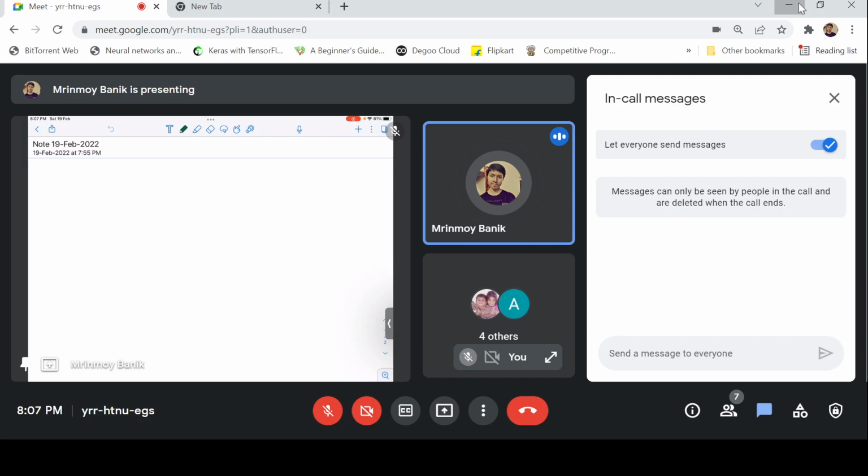So the derivative of g of f of c equals g dash f of c times f dash c. Okay. So how to prove it?